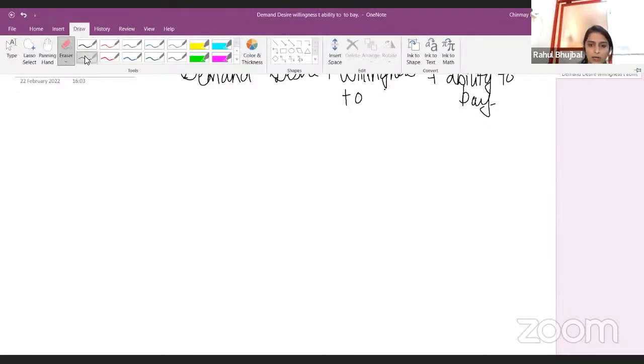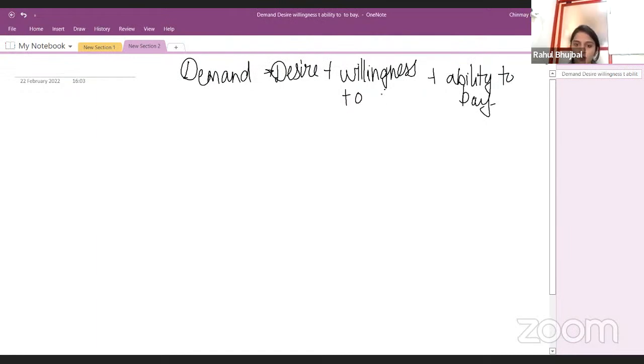You have that ability, you are having 20 or 50 rupees, whatever is required to buy a sandwich. Will it amount to demand? No. Why? Because you're not having desire, right?